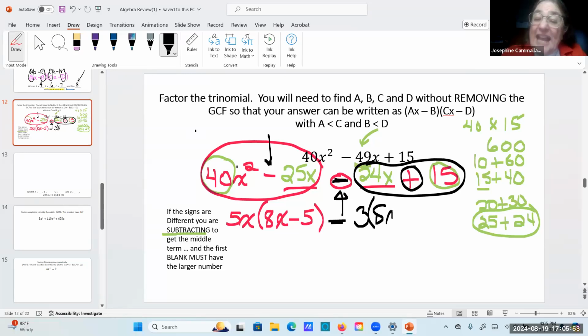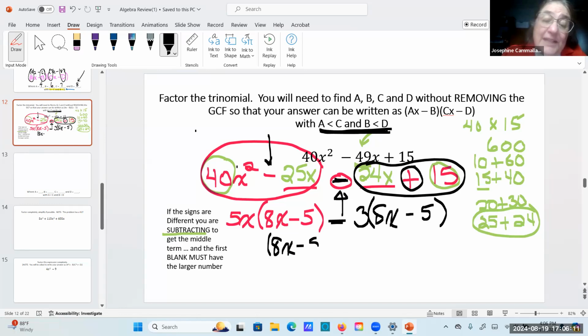This is 8x minus 5. But be very careful right here. I get 8x minus 5 times 5x minus 3.